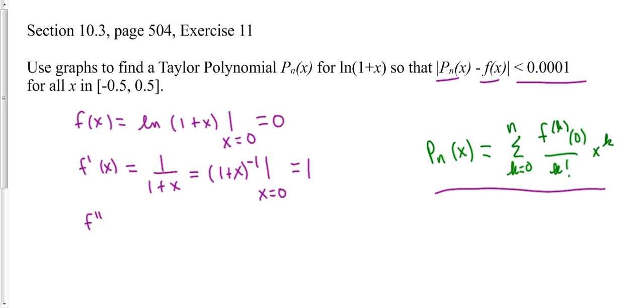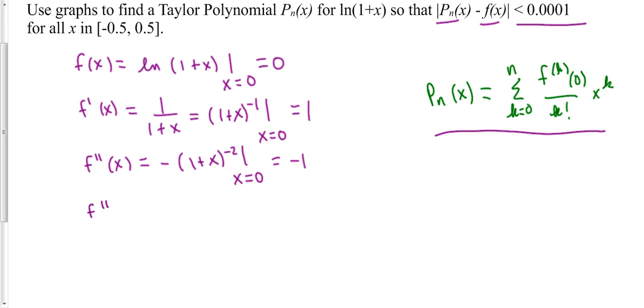Our second derivative is going to be negative 1 plus x to the negative 2. We're going to evaluate that at x equals 0, and we're going to get negative 1.